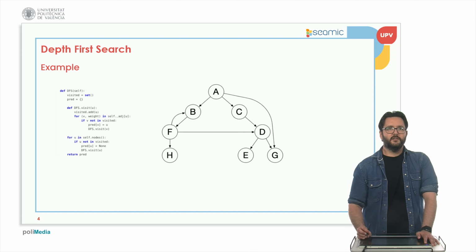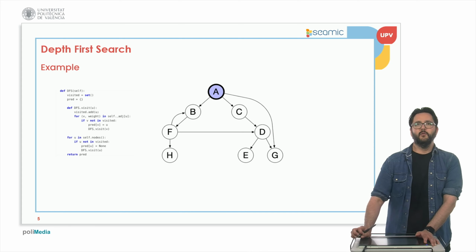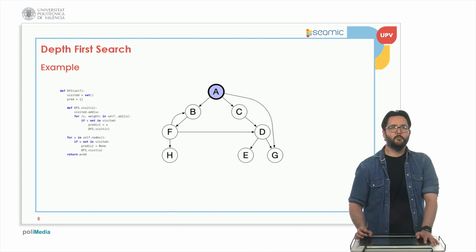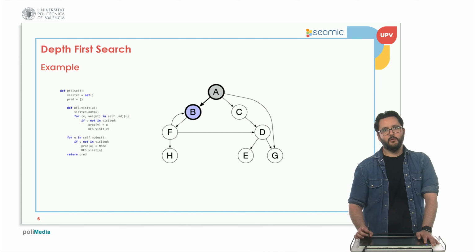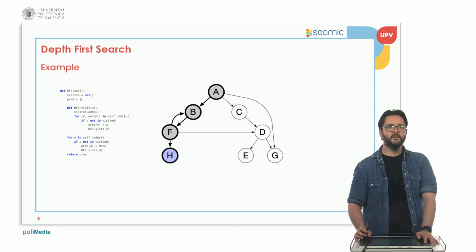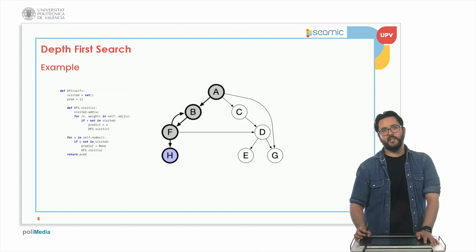Let's take a look at this example. Here we are using this directed graph, and starting from A, we can launch the recursive call. Here we have the nodes that are adjacent to A: B, C, and G, so we visit first B. From B we can go to F, then we visit F. From F we can go to H and D, then the DFS visits H. B is not considered here because this is already visited.